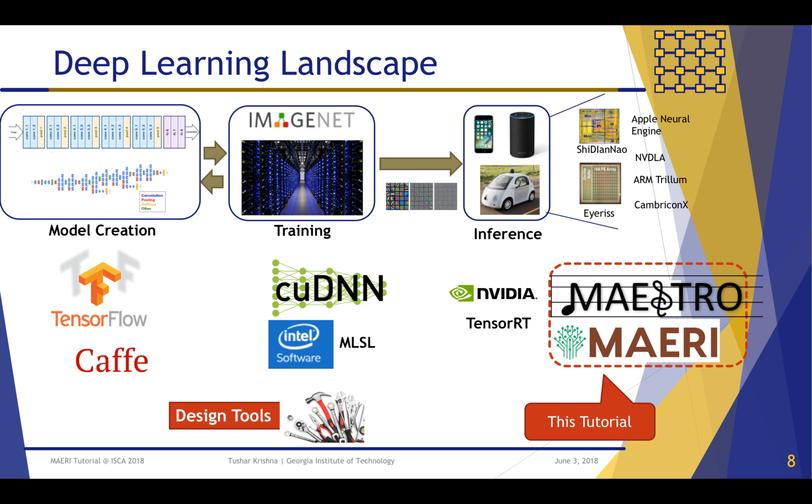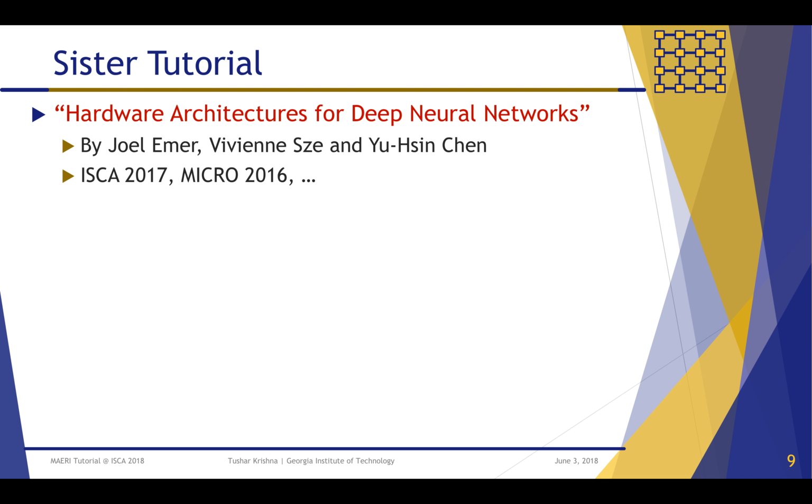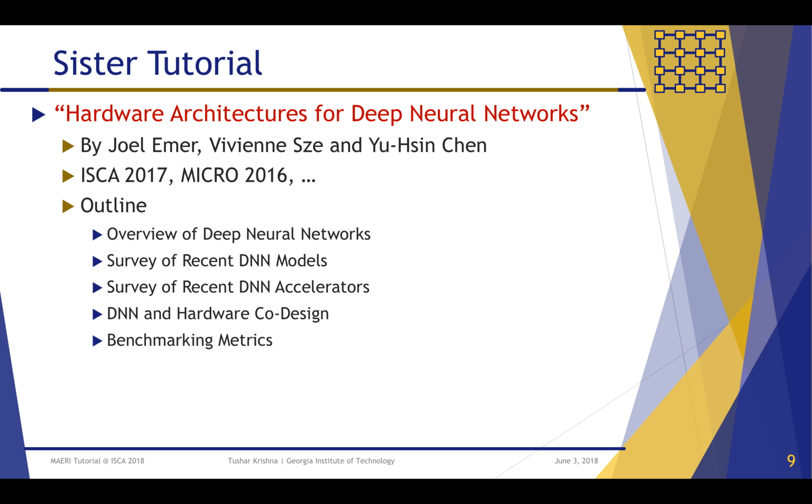So we're going to present these two tools that are essentially aimed at this space. Just to set some context, we have the sister tutorial on hardware architectures for deep neural networks that Joel, Vivian, and Yu-Hsin run. They ran it at the last ISCA, MICRO, and so on. That tutorial goes over an overview of deep neural networks, surveys recent DNN models, surveys recent DNN hardware accelerators, and talks about novel optimizations for co-design, benchmarking metrics, and so on.